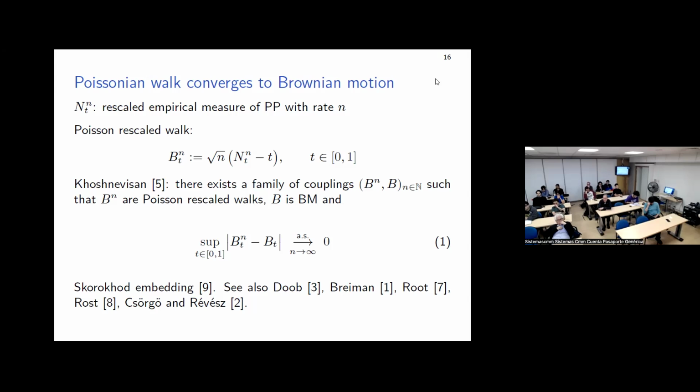I don't know if you know this. I have a bit of an idea of how it is done, but I have to study this result. But we need that. This is inspired by the Skorokhod embedding, which is well known, and then Breiman used that to prove this result for the random walk, for instance, that I mentioned before.